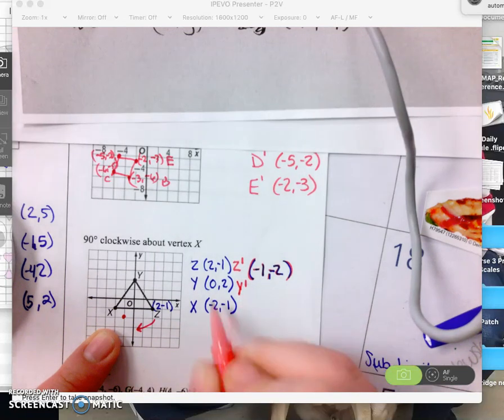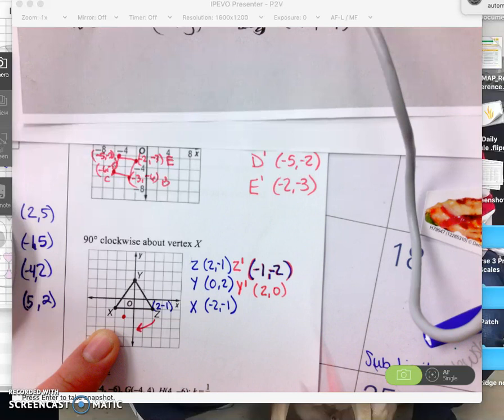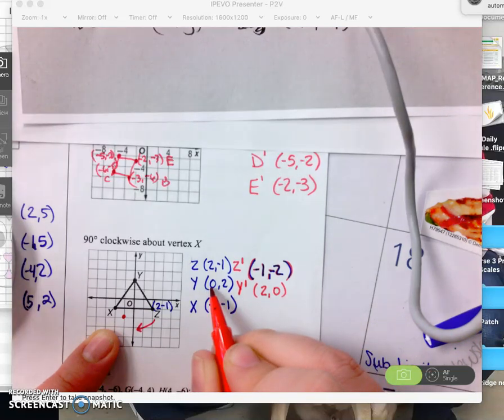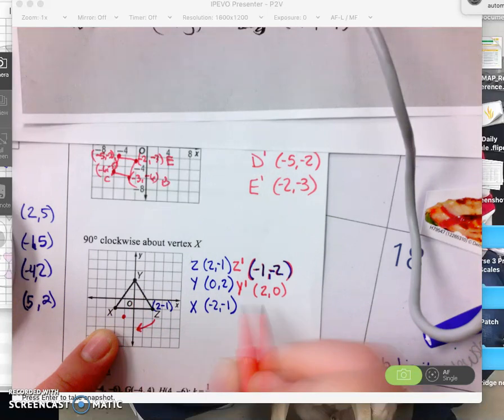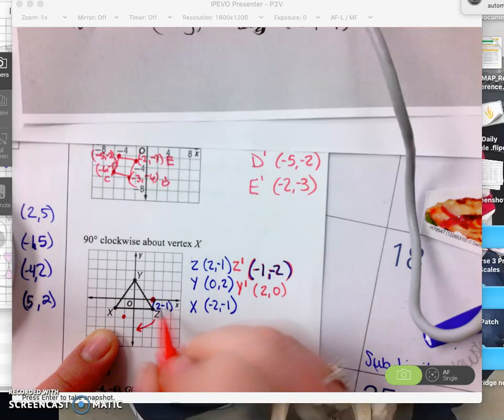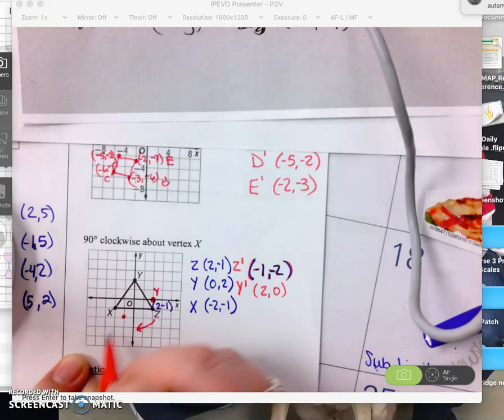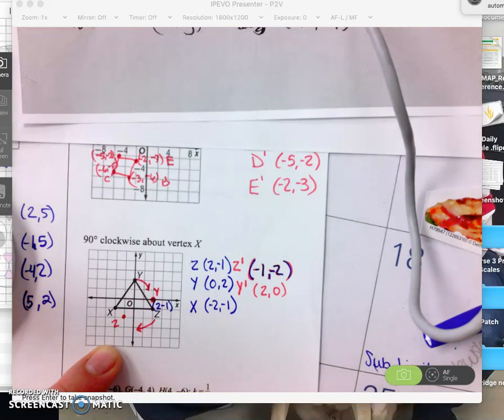So Y prime, 0, 2. Again, I flip the 2 and the 0, and then I negate this x. Well, you can't really negate 0, so 0 and then 2 right here, and that's my Y. And if I think about it, 90 degrees clockwise should go to there.